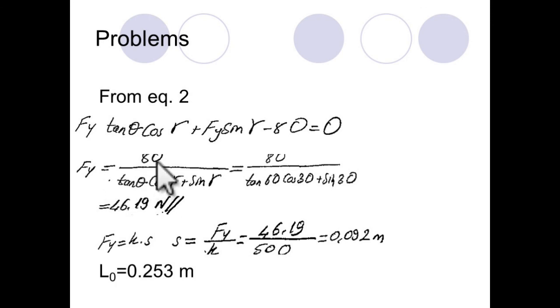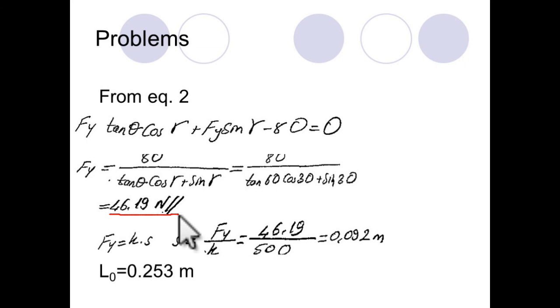Fi is equal to pulling force 80 divided by tangent theta multiplied by cosine gamma plus sine gamma. If I put the angles, remember that theta is equal to 60 degrees, gamma is equal to 30 degrees, what you are going to get is 46.19 newtons. So this is the force coming from the spring.